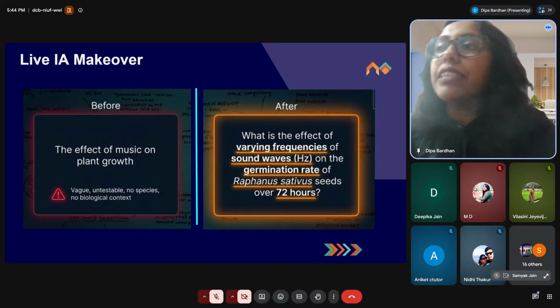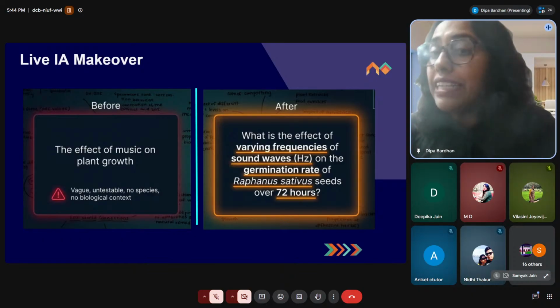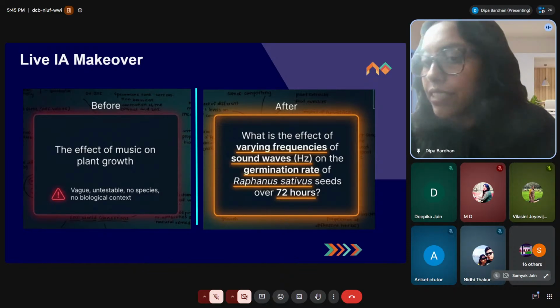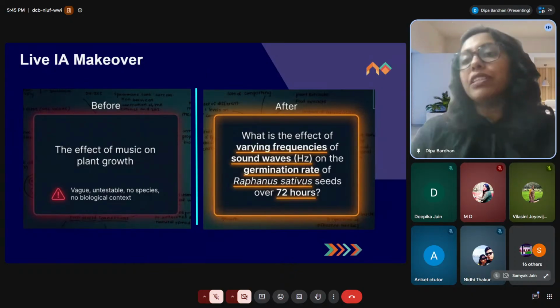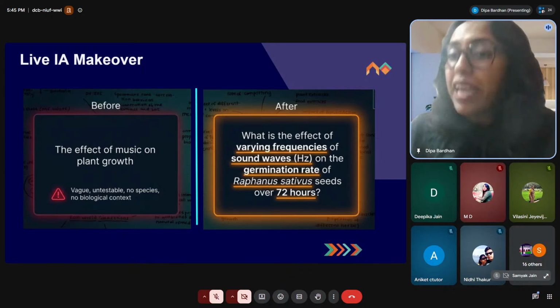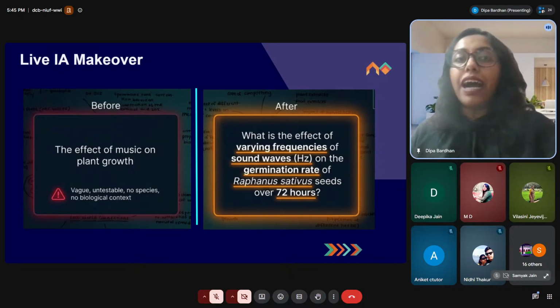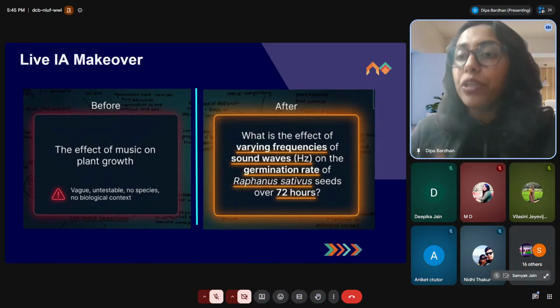Now there is always a confusion between germination rate and percentage, so provide the appropriate unit, of Raphanus sativus. This is the way you write the scientific name. Seeds over 72 hours. So 72 hours is the control variable. The seed name is a control variable. We will take seeds of Raphanus sativus only and not Mangifera indica. So this is how you can make over your RQs.